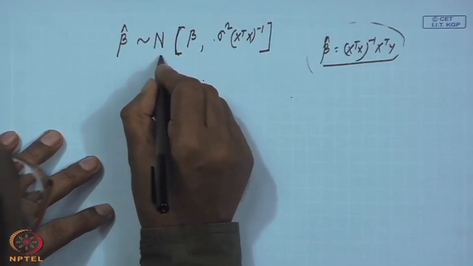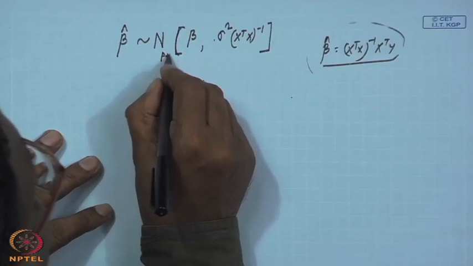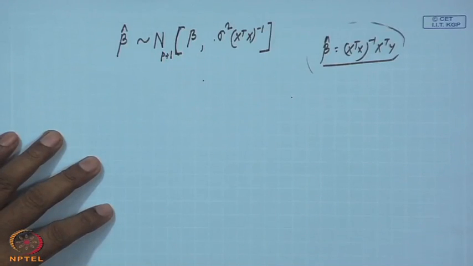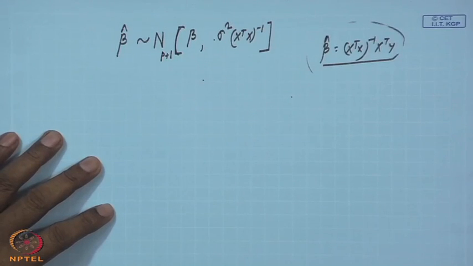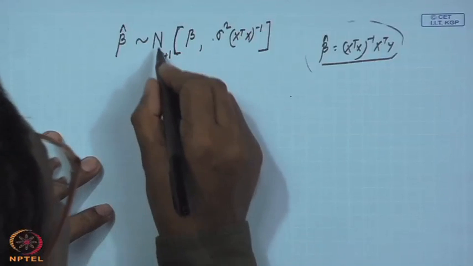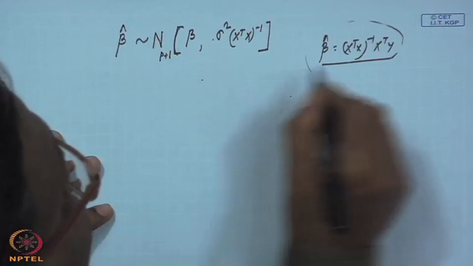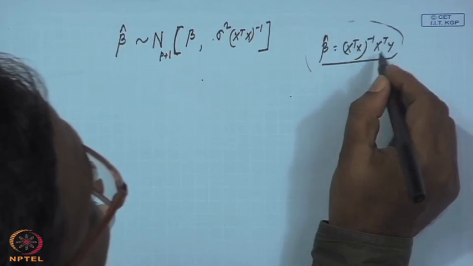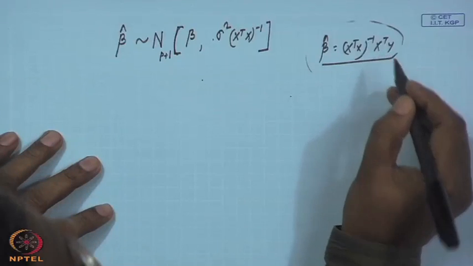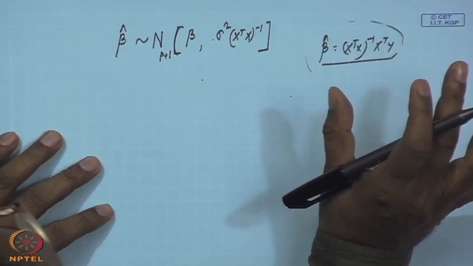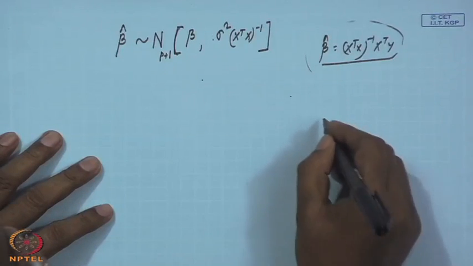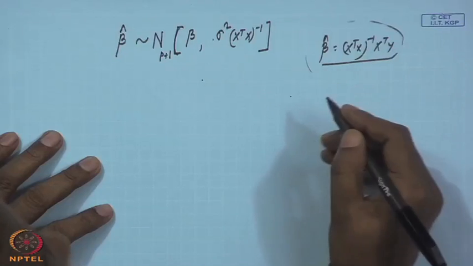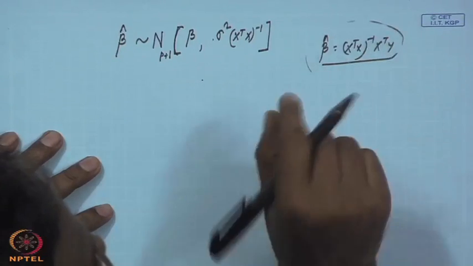Now, this multivariate normal, what will be the distribution? So, actually in regression the error is the key issue. Y is definitely, y is here one variable, so normal.